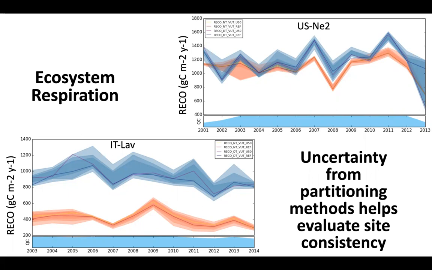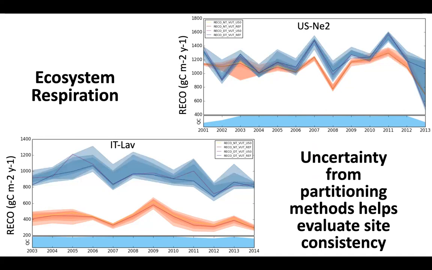In the blue lines here, you have the results from partitioning using the daytime partitioning method. That's the method that uses respiration plus the light response curve to calculate GPP and respiration for the sites.